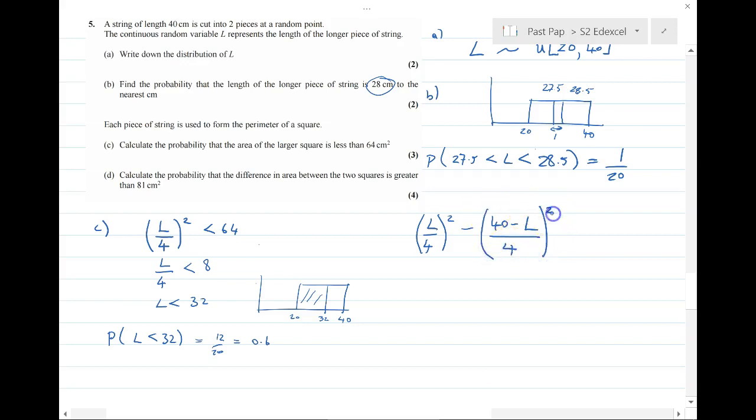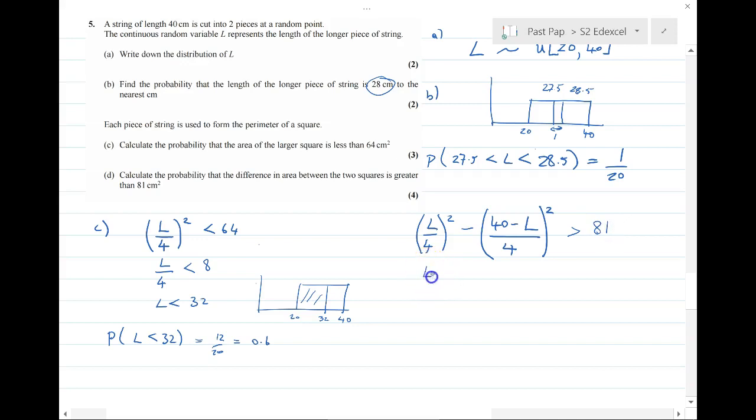That will be the length of the side of the smaller square, because the perimeter is basically the length of the shorter piece of string. Divide that by 4 gives the length of the side of the shorter square. The square of it gives you the area of that square, and we require that to be greater than 81.